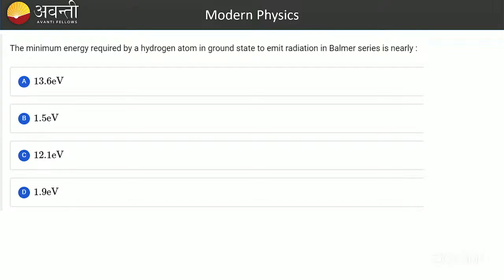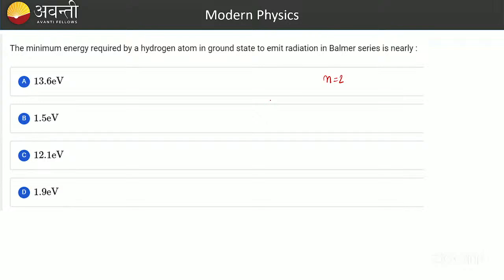Because Balmer, Paschen, Lyman, these are the series that we have in the hydrogen spectrum. So for that, we have to identify that Balmer series is for n equals 2, where n is the level of state.